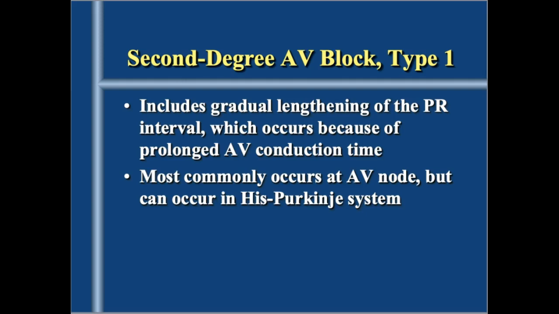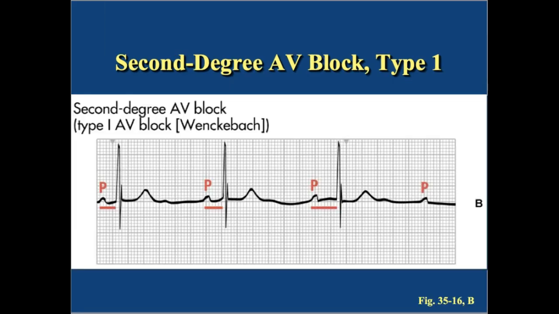So you had your first degree where your PR was lengthened, but you had a QRS following every P wave. Now we're going to talk about your second degree type 1 block. Like I said, it's also called a Wenckebach block, and it is characterized by a gradual widening of the PR interval. And we're going to show you an example. So here it is, our second degree block, type 1, Wenckebach block, our PR interval widens.